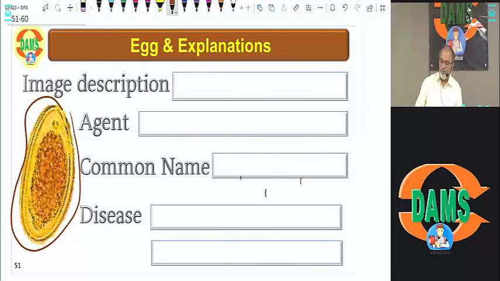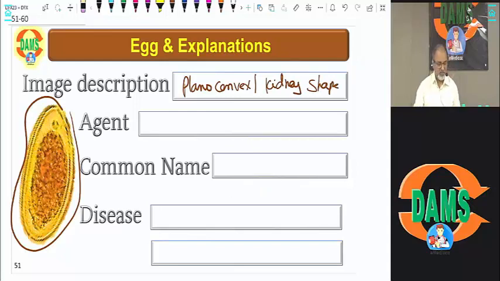It is a plano-convex, kidney-shaped egg. What is the agent called?